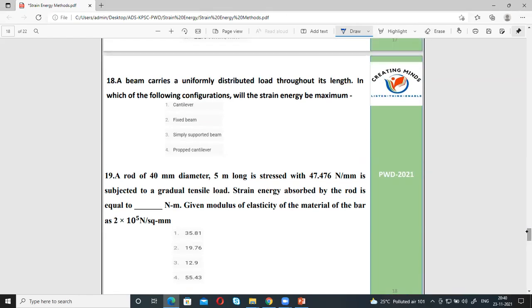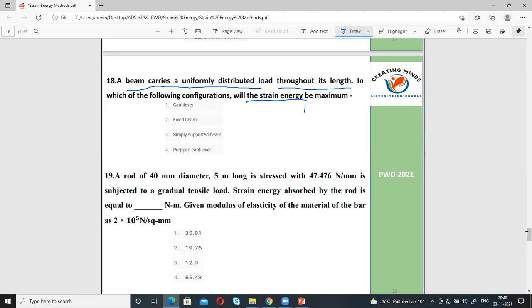A beam carries UDL throughout its length. In which of the following configurations is the strain energy maximum? Try to guess.